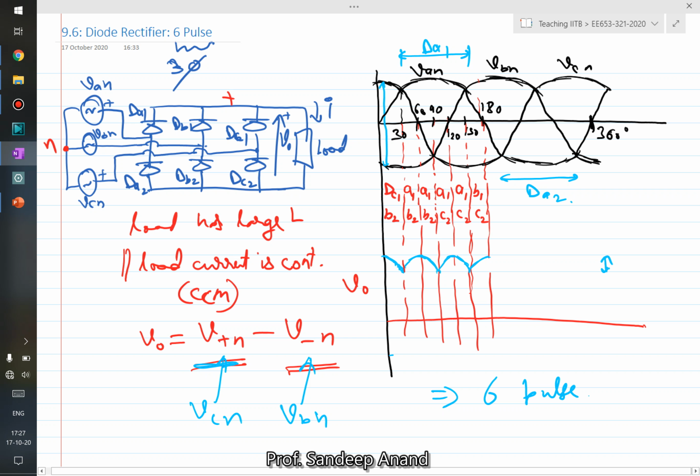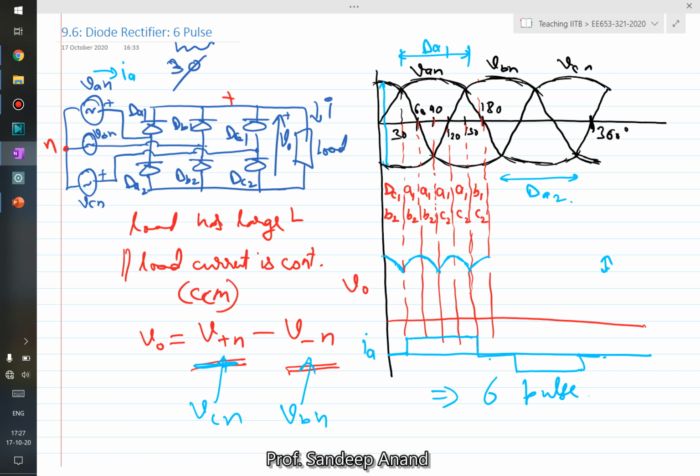If you want to draw the current IA, which is the current supplied by the source A, it is going to be 0, plus from 30 degrees to 150 degrees, and then again 0, and then minus, and then again 0. So you can see it's a nice symmetric waveform. It's a half wave symmetric waveform which has an average value of 0, and therefore the problem which was existing with the 3-pulse circuit is no longer there.